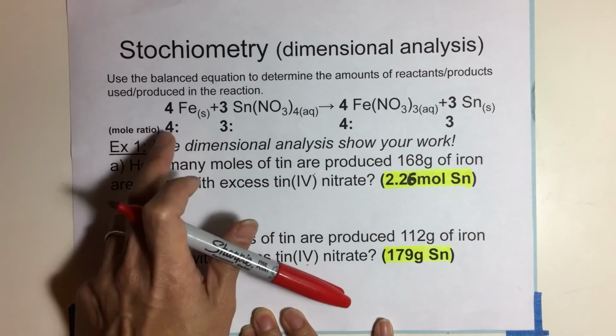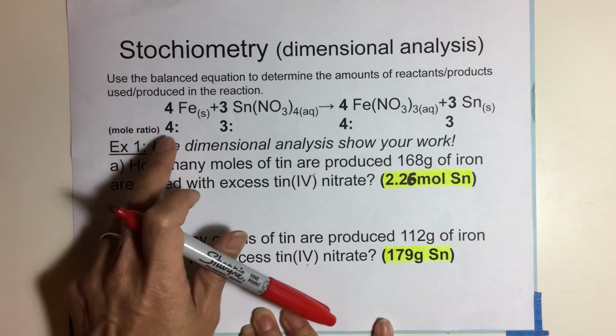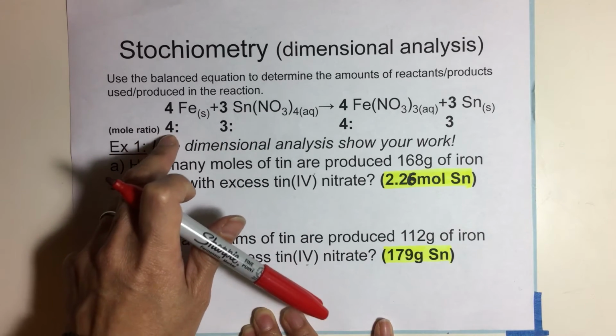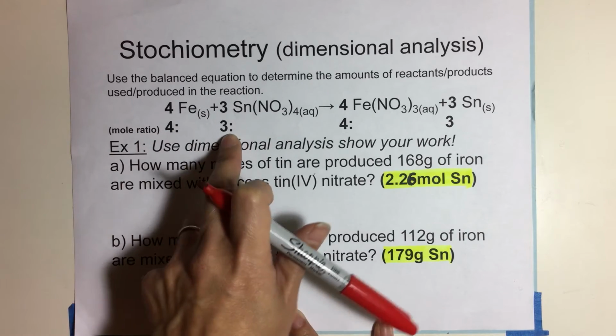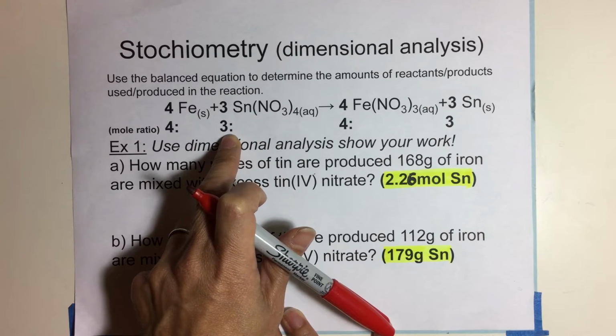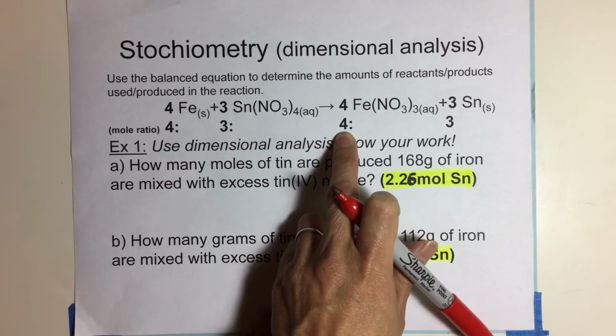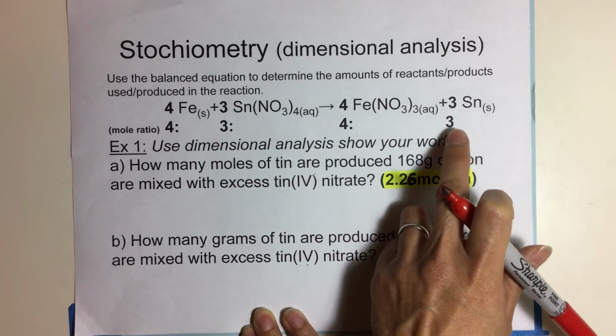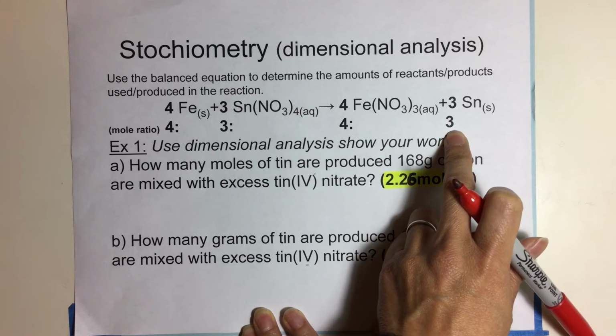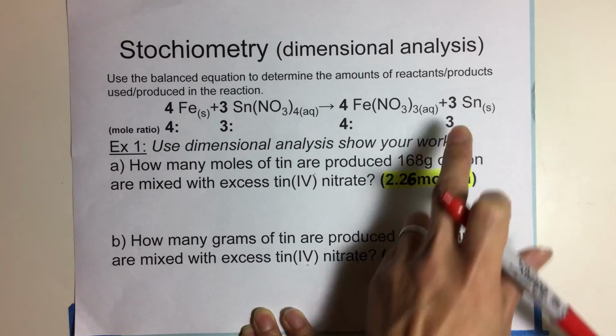The mole ratio between each of these different substances is the following. For every 4 moles of iron, there requires 3 moles of tin(IV) nitrate to form 4 moles of iron(III) nitrate and 3 moles of tin.